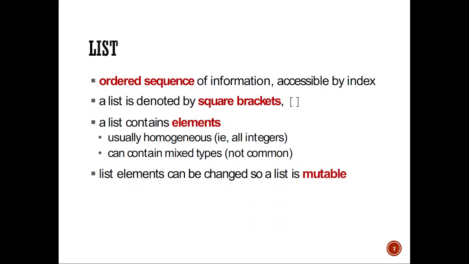It can contain mixed types, however, this is not common. Note that list elements can be changed, so a list is mutable. This is in contrast to the previous part in which we discussed tuples and mentioned that tuples are immutable.